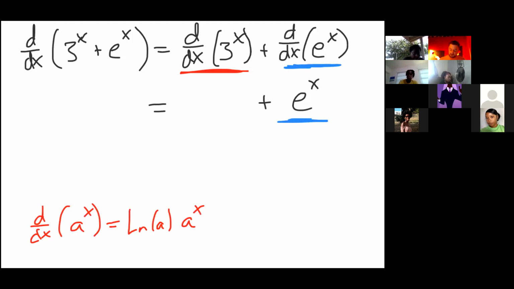So in this case, my base is a 3. That means the derivative of 3 to the x is going to be, whoops, not blue, natural log of 3 times 3 to the x. So that is the correct derivative for this one.